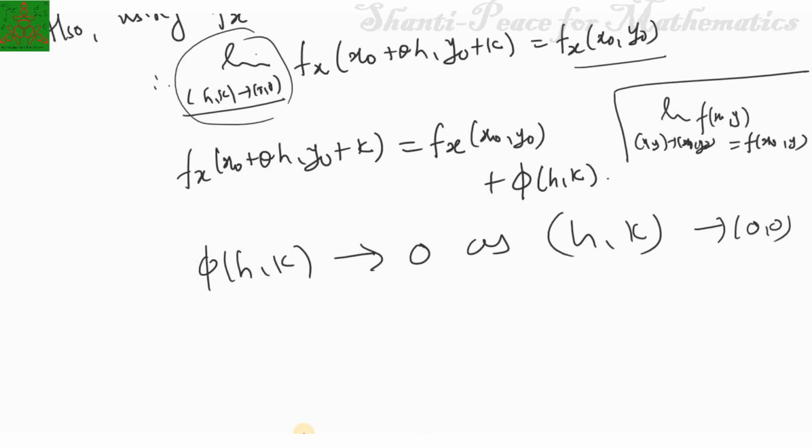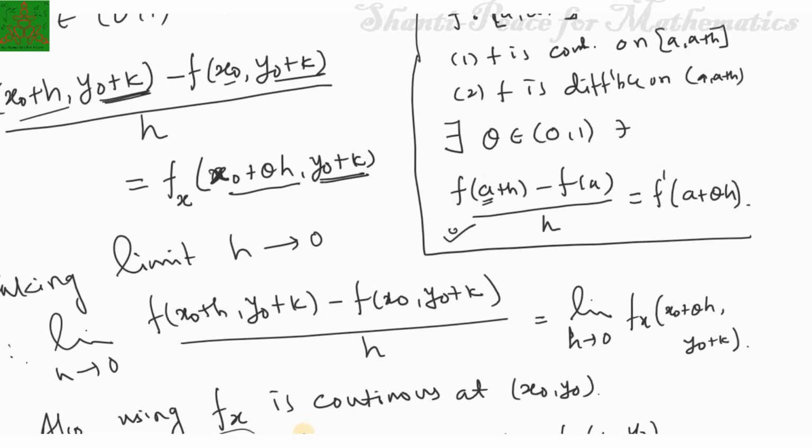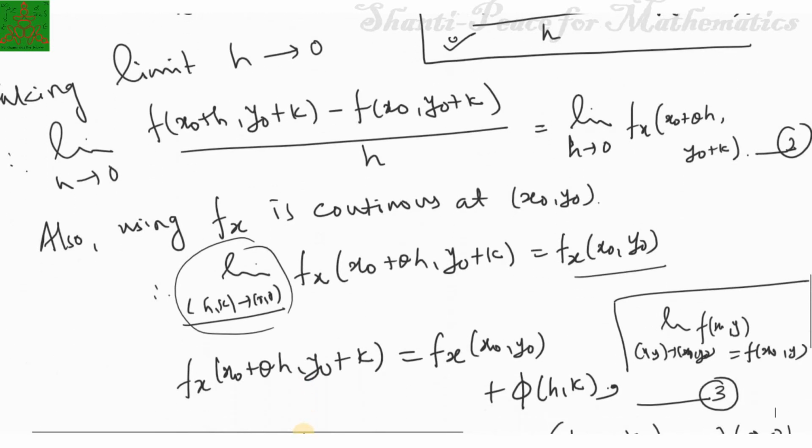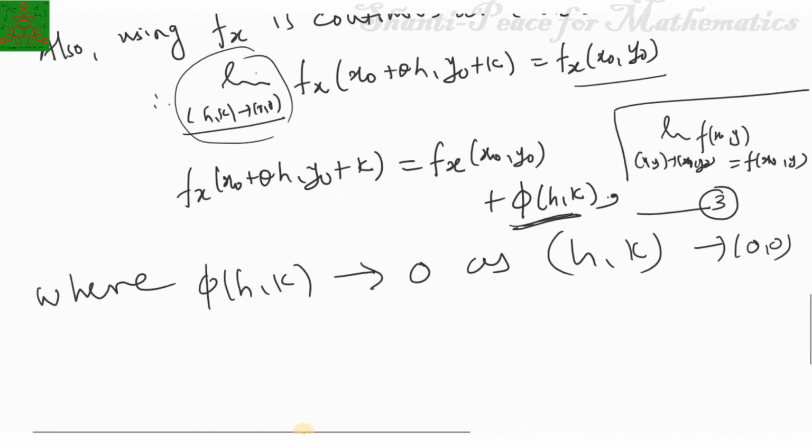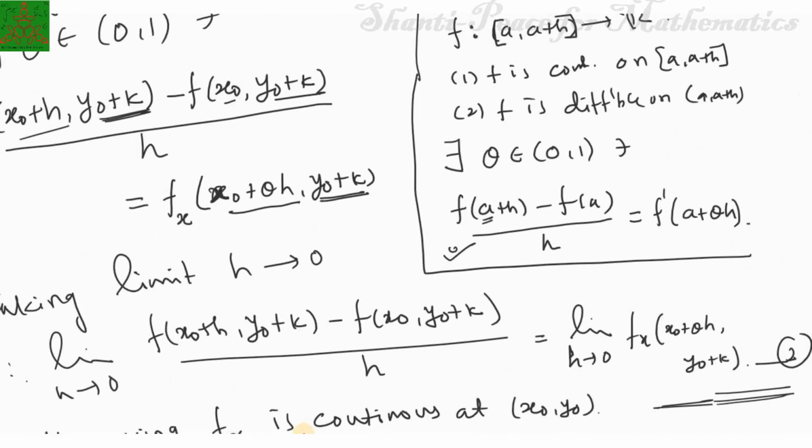That is the error term we have. Now we'll call this equation 3 and the earlier one equation 2. So using this value of 3 into equation 1, we get, you can see here, (x0 plus h, y0 plus k), (x0, y0 plus k).